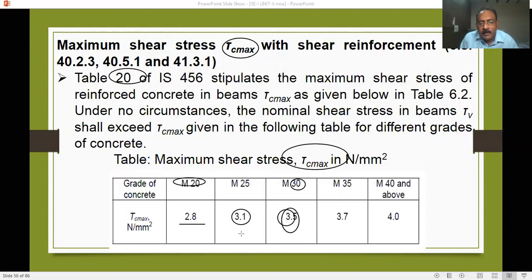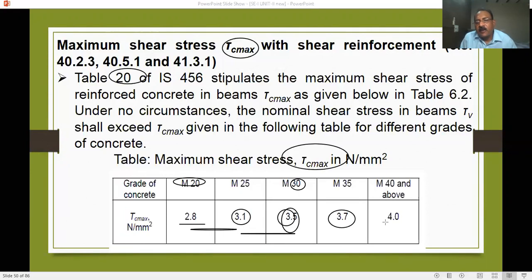See here, from here to here, what is the difference? 0.4. Here 0.3. And again you will get up to M30. Generally they will ask you M30. Even M35 also, if you learn here, only 0.2 increased, that is 3.7 Newton per mm square.